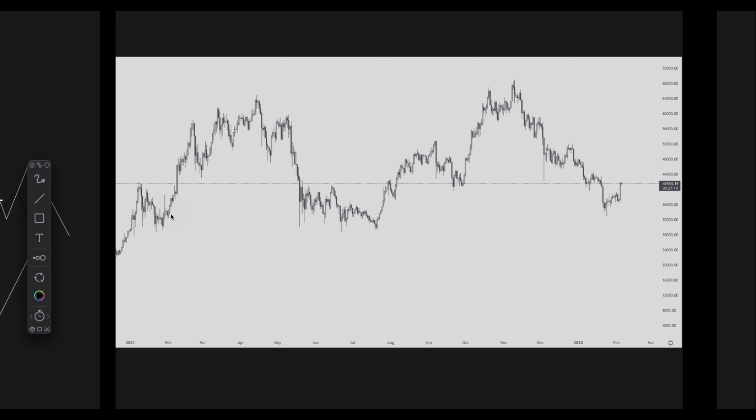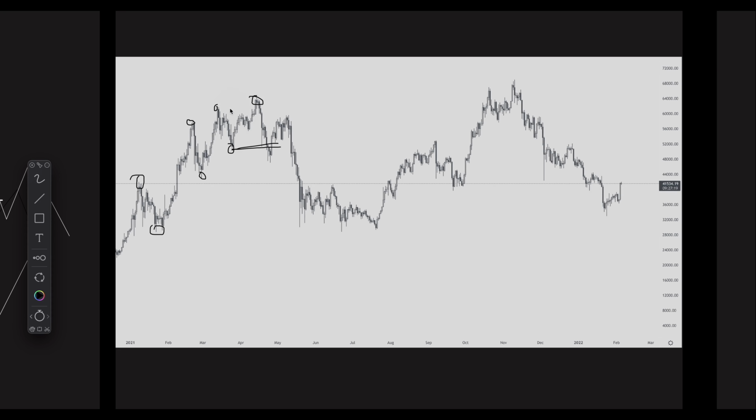Okay, we have a chart of Bitcoin once again. Simple price action. Let me change this. So, high, higher low, higher high, higher low, higher high, higher low, higher high. This gets broken. This is the break in structure I mentioned.